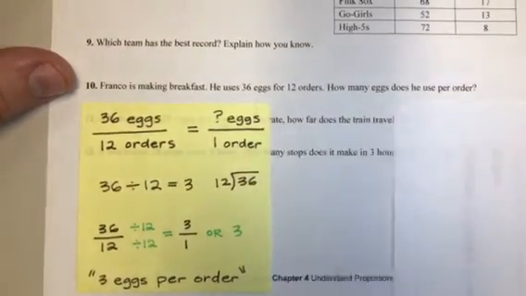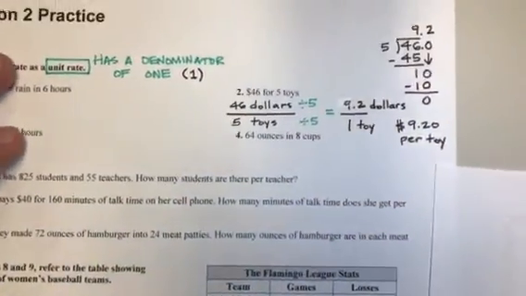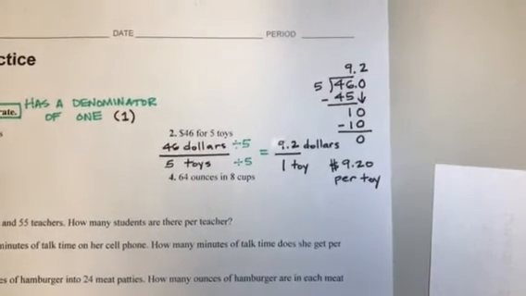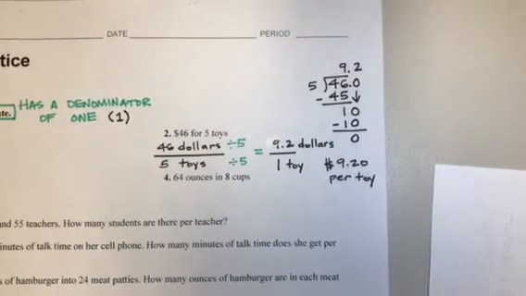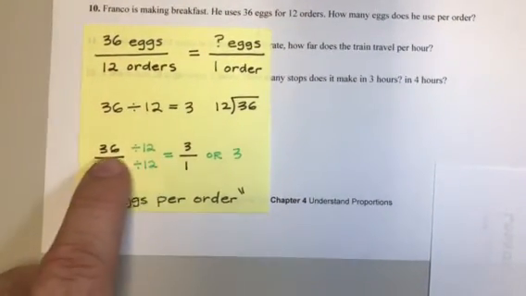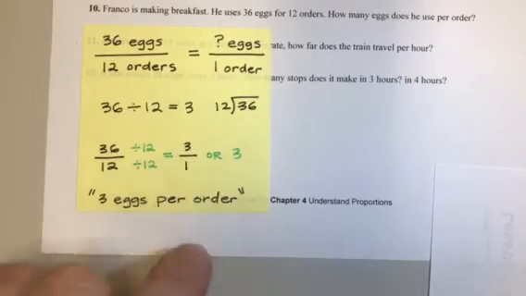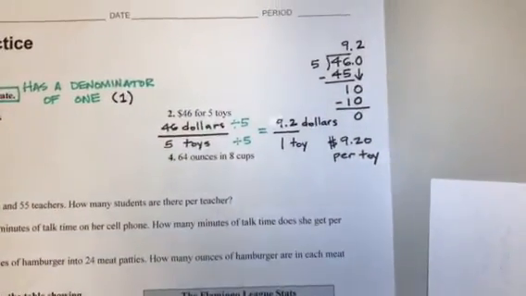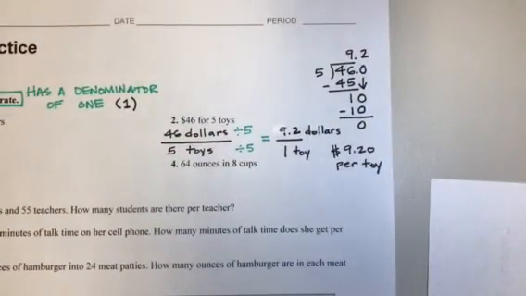Another example in number 2 up here, sometimes you will have a unit rate that doesn't divide evenly. So in this example, we divided evenly 36 by 12 to get 3. In this example here, 46 toys for $5, it's not going to divide evenly.